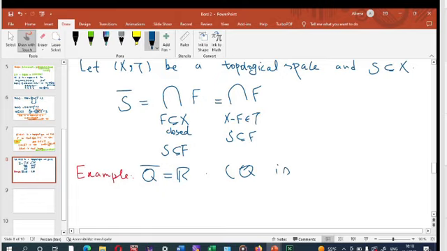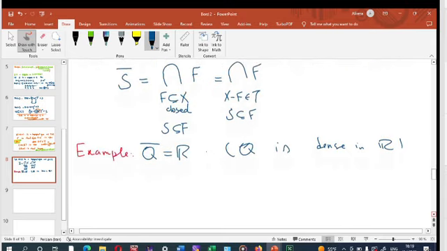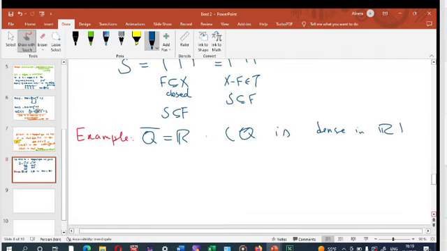Q is dense in the real numbers because trivially the closure of Q is a subset of R.